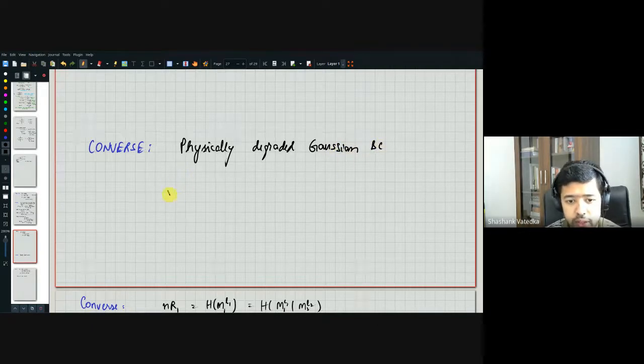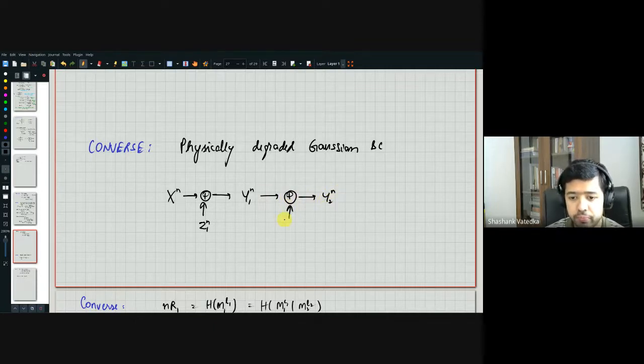So this is the case where you have x^n, and then this is passed through an AWGN channel. Let's call the noise Z1^n, to get Y1^n. This is what receiver 1 sees. And then what receiver 2 sees is a corrupted copy of Y1^n itself, with noise Z2 tilde^n.